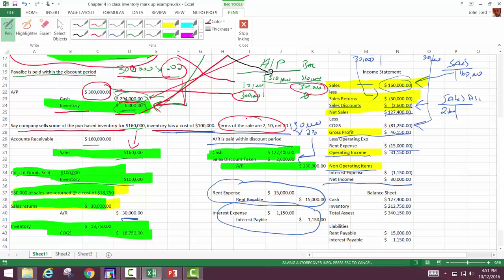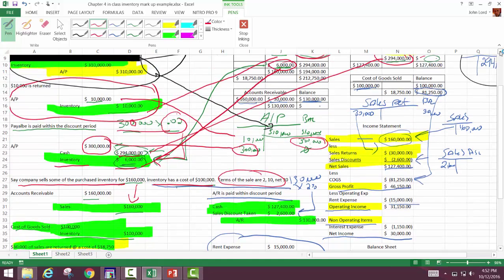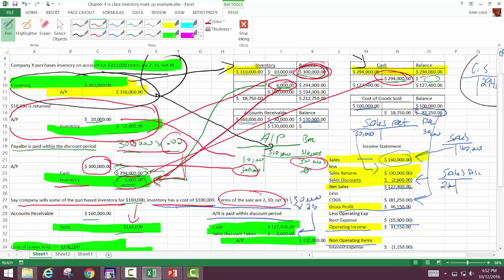So anyway, we set up the same terms. We debit the accounts receivable. We credit the sales. And when we debit the accounts receivable, where'd my accounts receivable go over here? I've written all over it now. Let me erase some of this ugliness on accounts receivable. Okay, and so what's happening?